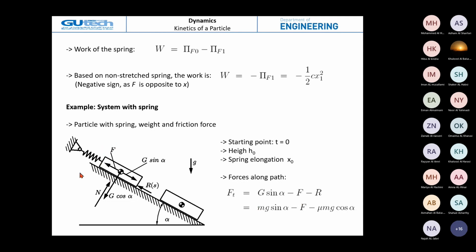When we make the body diagram and cut here, we have the spring force, which is F opposite, this is minus F, and additionally, we have the friction between the mass and the ground. We note it by minus R.